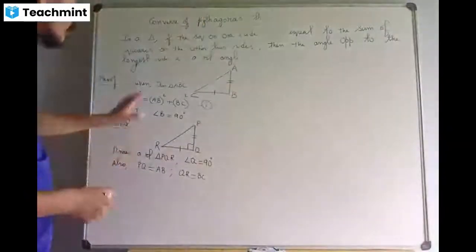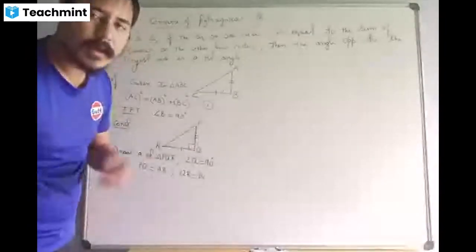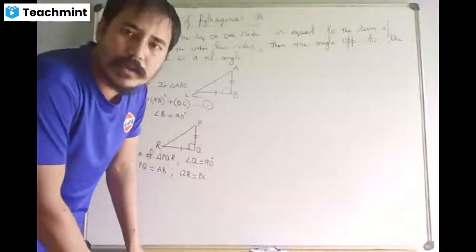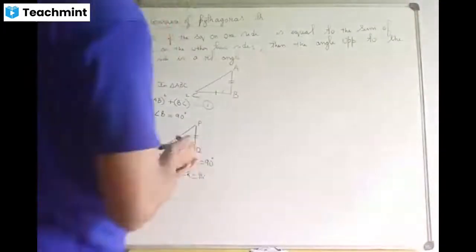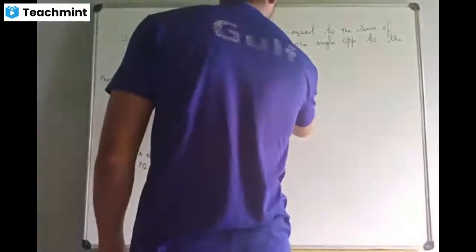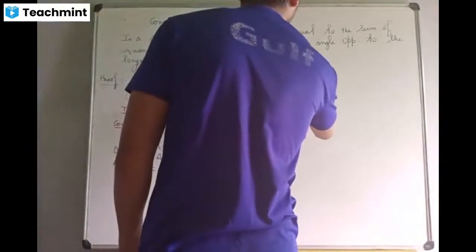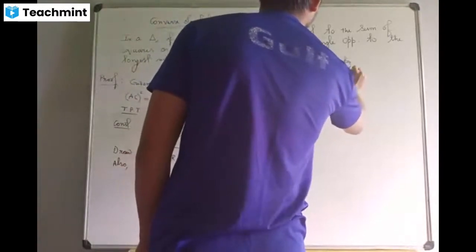Okay, our construction was such that PQR is a right triangle, right? And since PQR is a right triangle, we apply Pythagoras theorem over there. In right triangle PQR, by Pythagoras theorem.